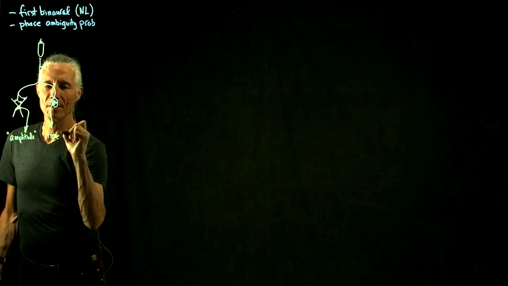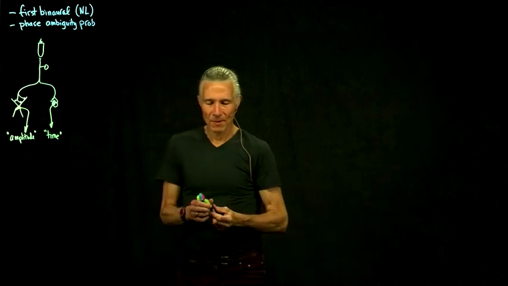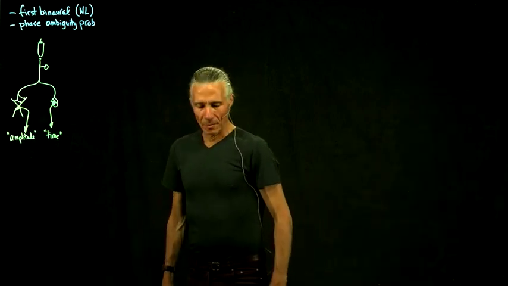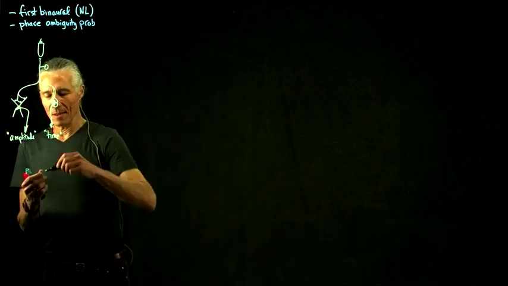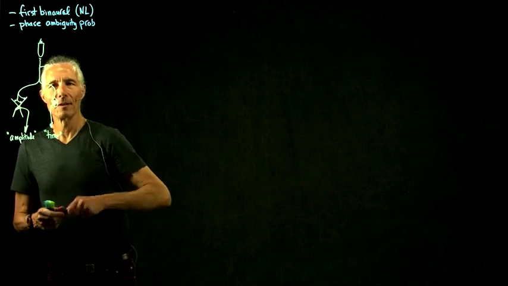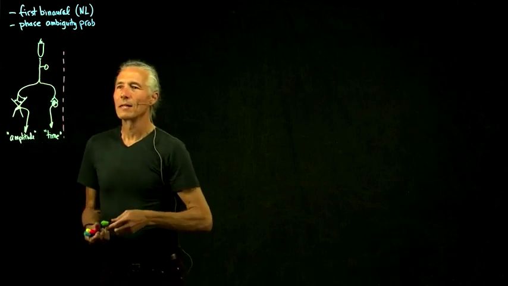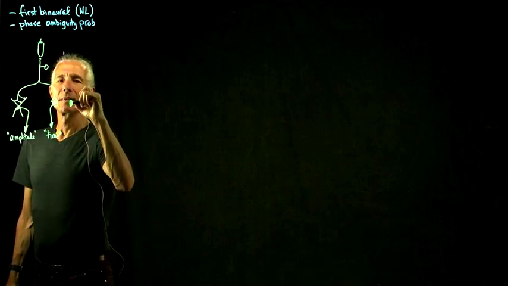That's mainly what we're talking about today. On Friday I'll go back and talk about the amplitude pathway. Here's the other side. Today we're talking about getting a copy of that time information.